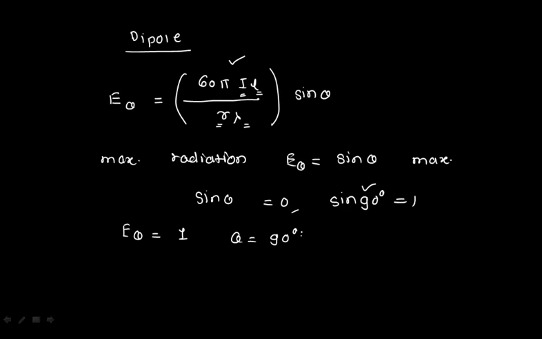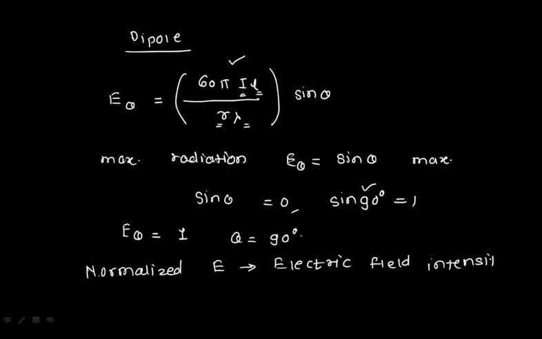Whenever you talk about received power, you talk about normalized quantities. E is the electric field intensity, which you have seen before. How do you calculate the normalized electric field intensity in the theta direction?